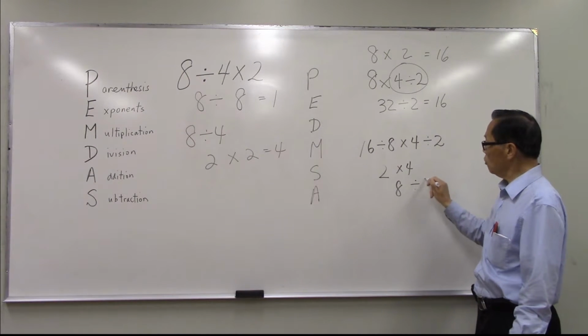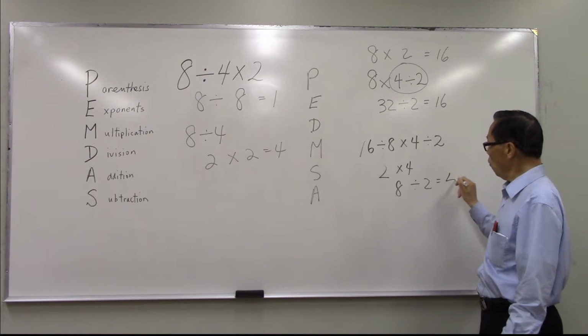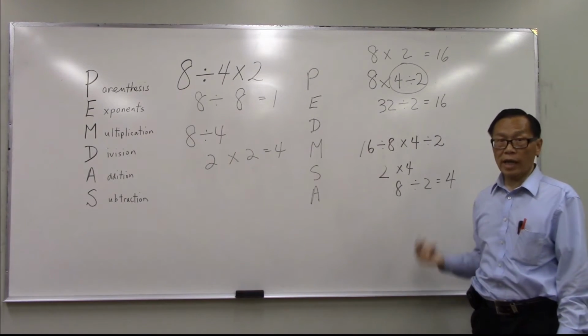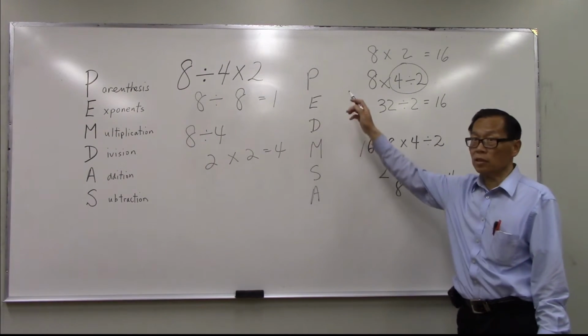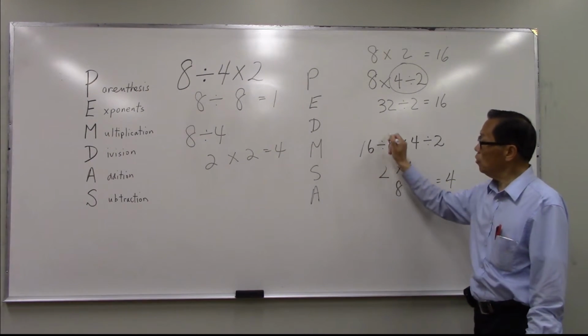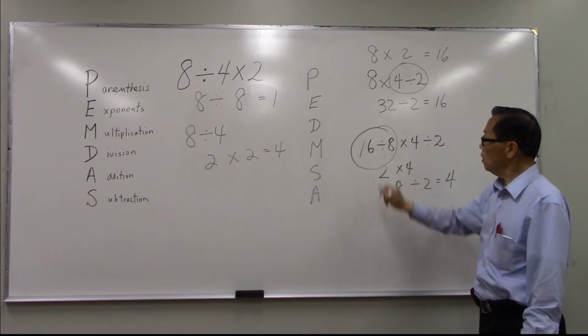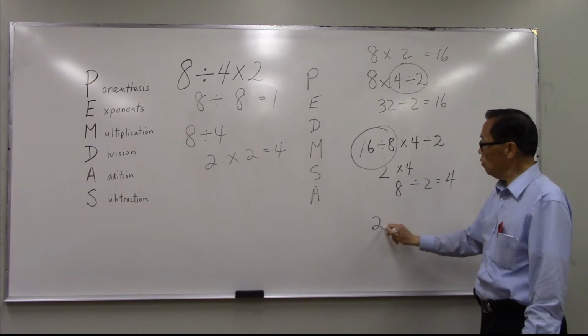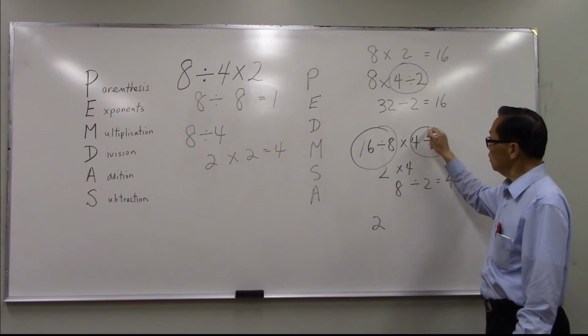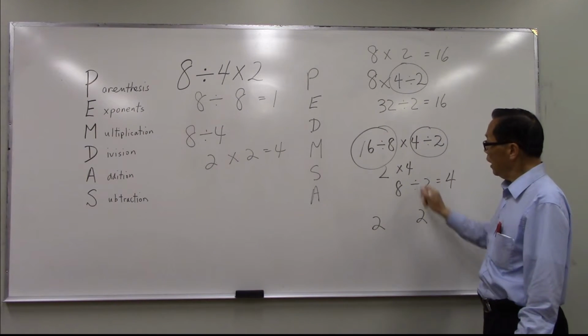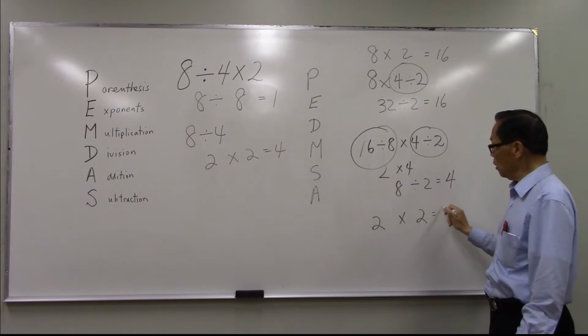And 8 divided by 2 would be 4. The correct answer. Now, under my scheme, you would do this first. This would be 2. And you would do this next, would be 2. And you multiply, and you will get the same answer.